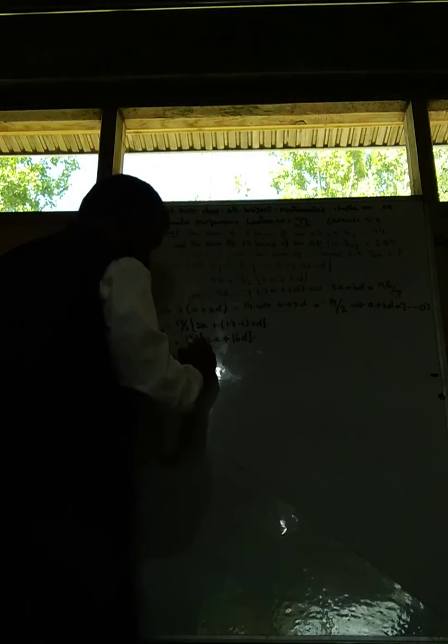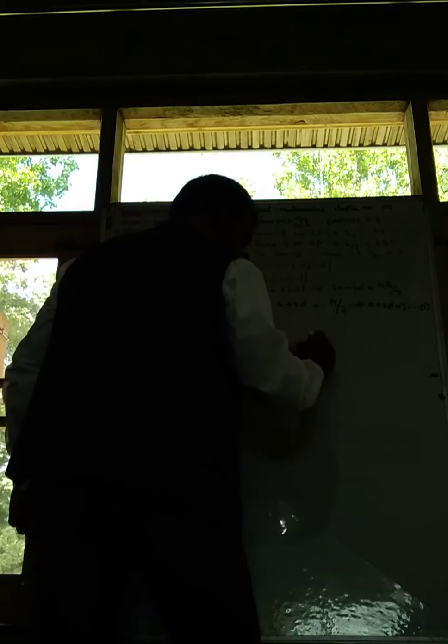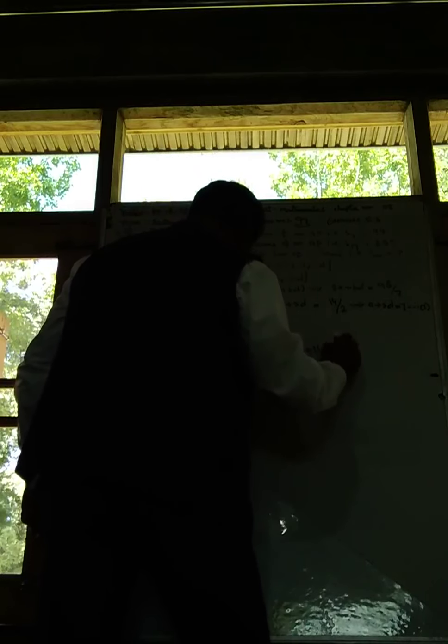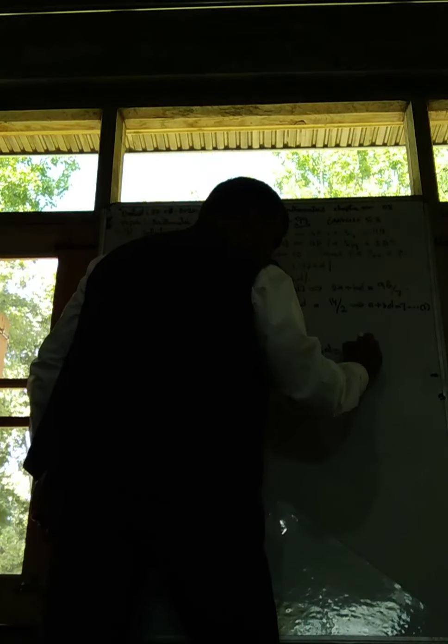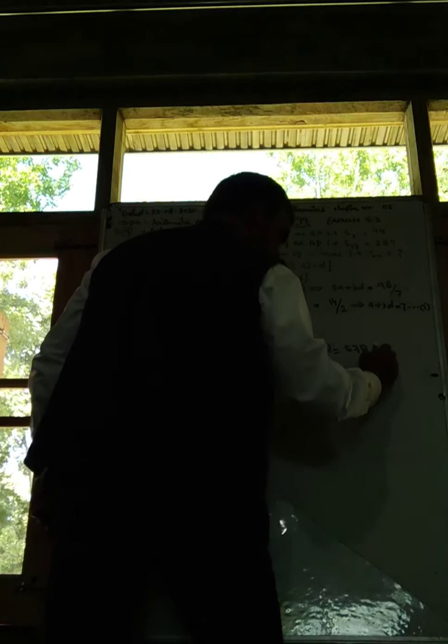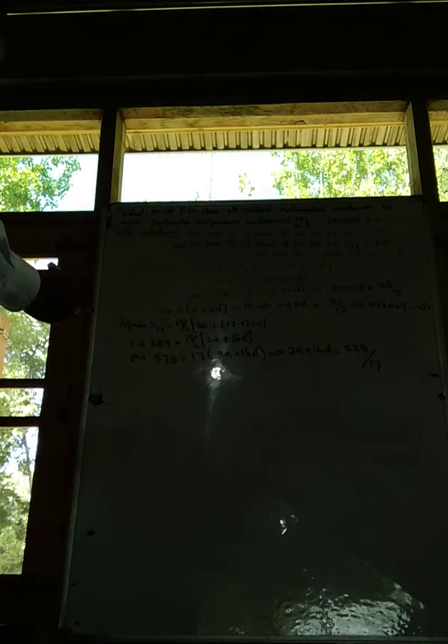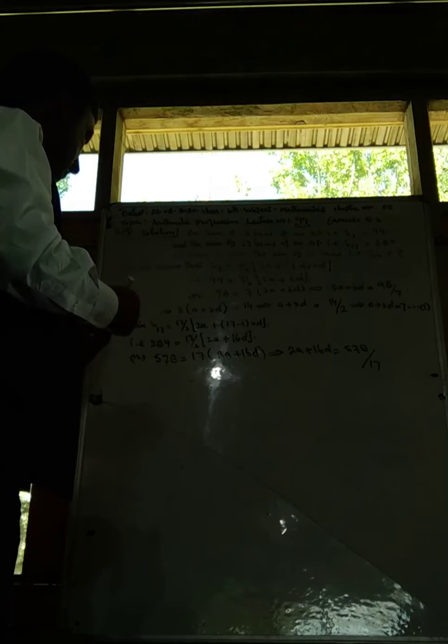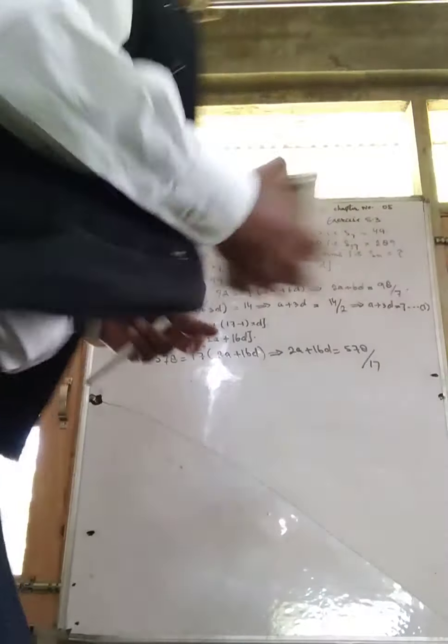So 578 is equal to 17 into (2a plus 16d), which implies 2a plus 16d is equal to 578 divided by 17.